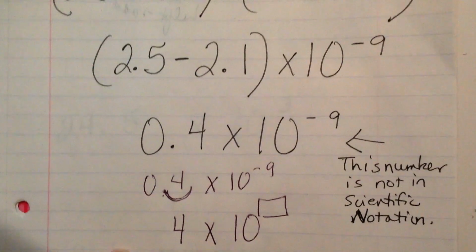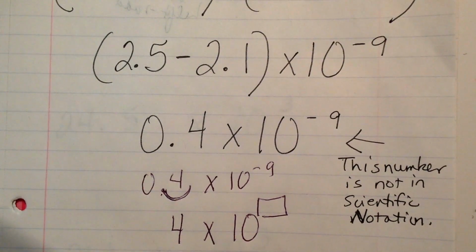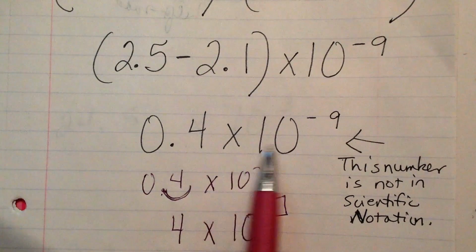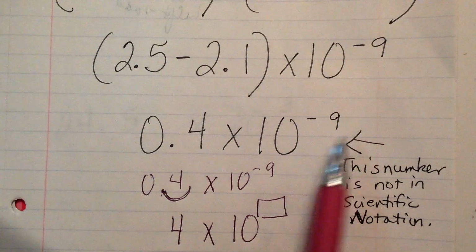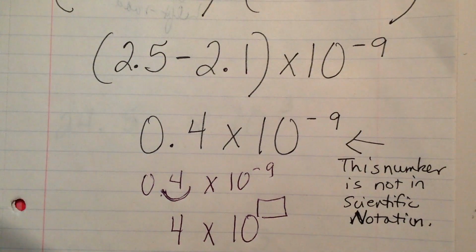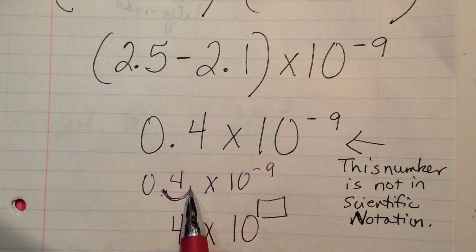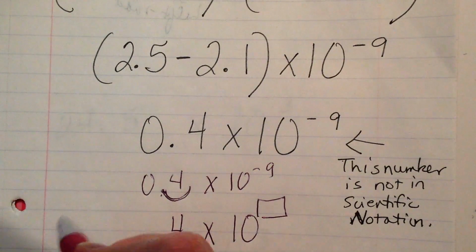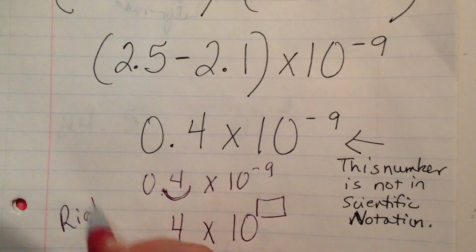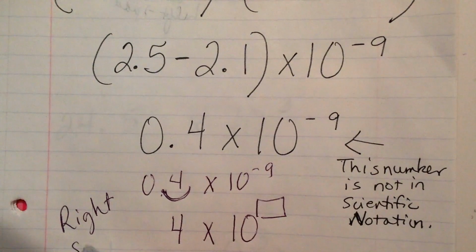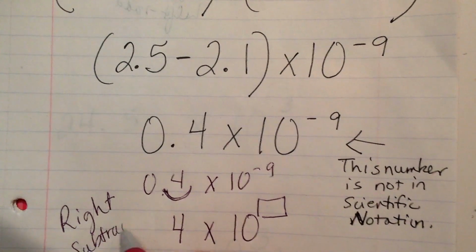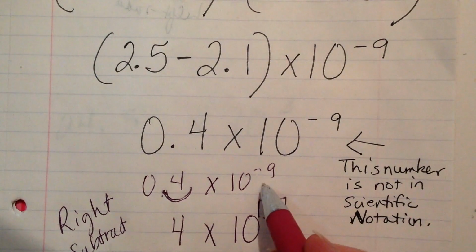Well, what you must do, in order to work a problem like this, if it's already in the form of times 10 to a power, and you have to move your decimal to the right: if you move your decimal to the right, you must subtract that many places from the exponent.